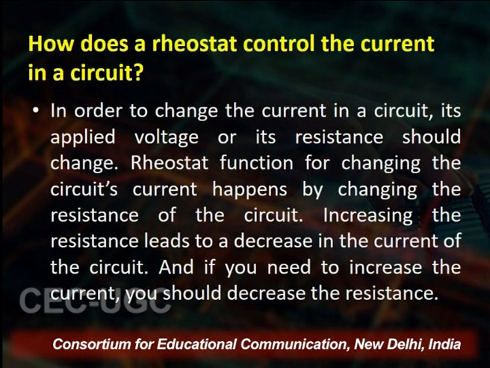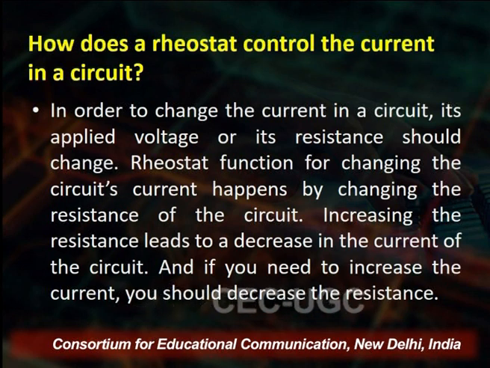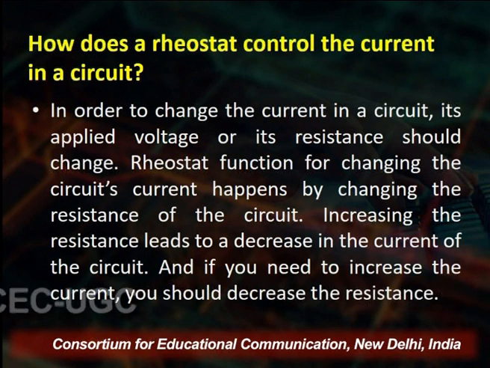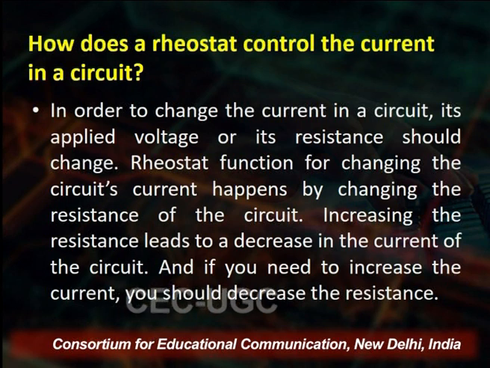Increasing the resistance leads to a decrease in the current of the circuit, and to increase the current, you should decrease the resistance in the circuit. If we want to increase the current, then we decrease the resistance in a circuit, so that we can control the flow of the current in a circuit through the rheostat.